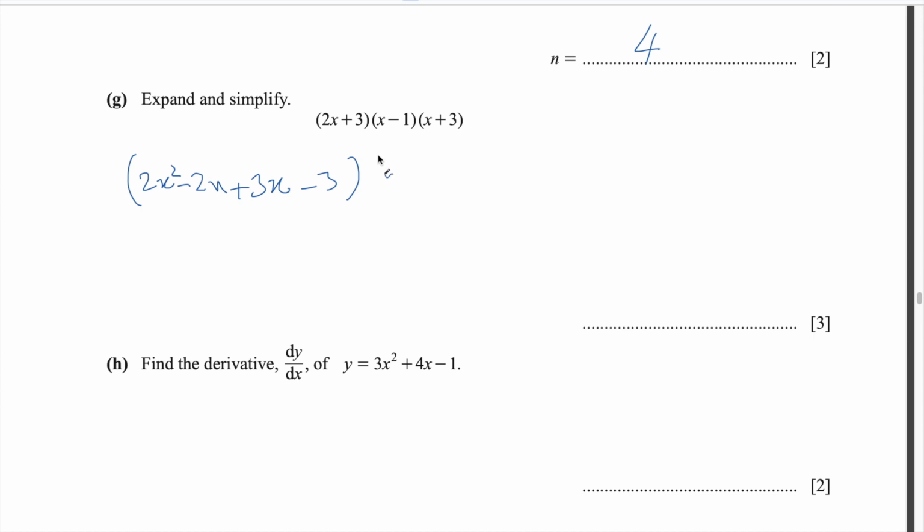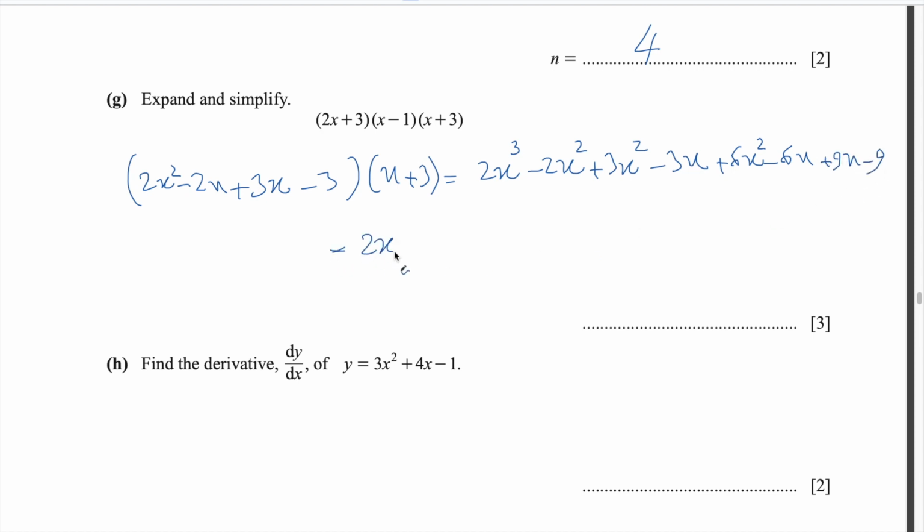Then this is to be multiplied by x plus 3. It will become 2x cubed minus 2x squared plus 3x squared minus 3x plus 6x squared minus 6x plus 9x minus 9.